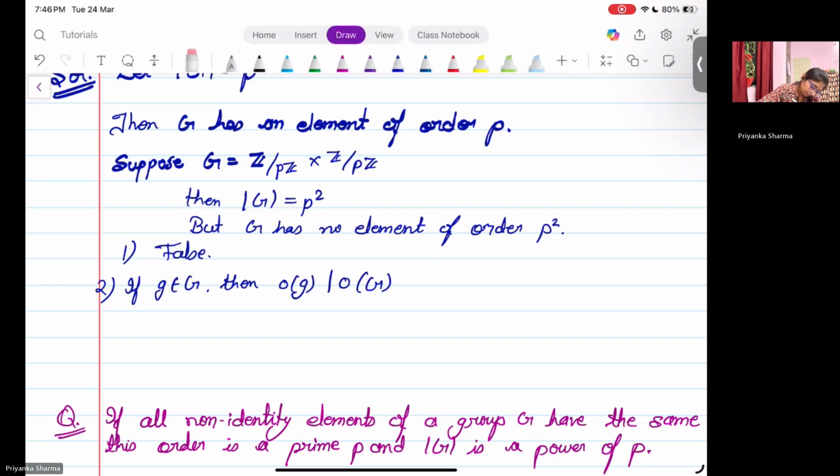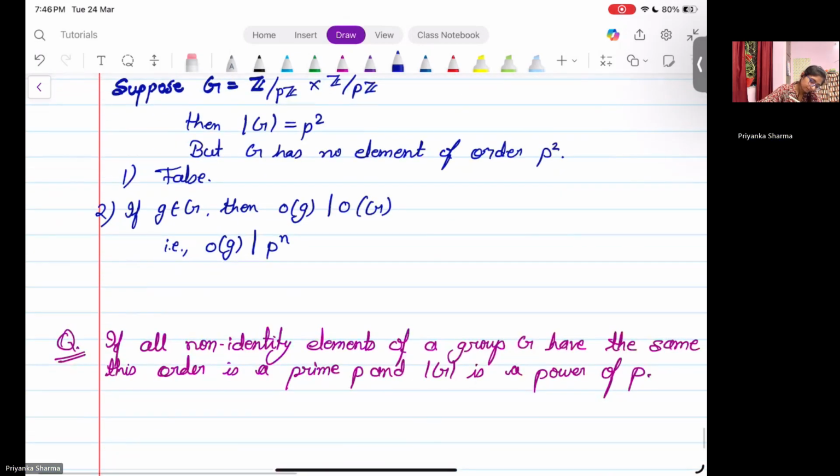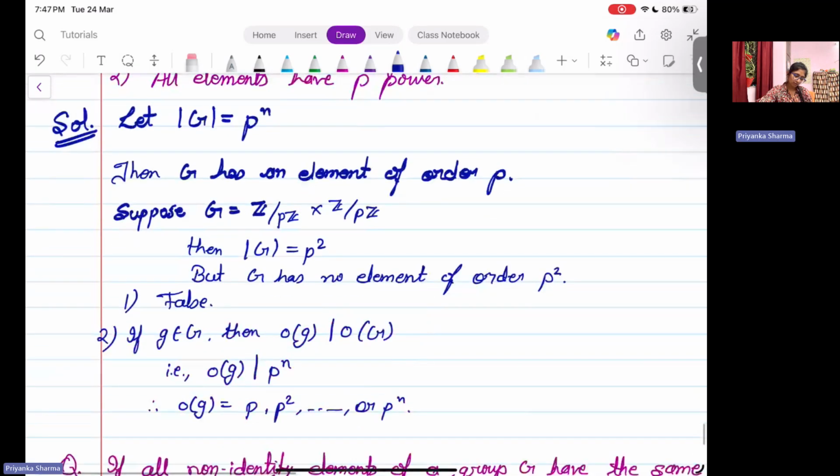That is, order of g divides P to the power N. Now P to the power N where P is a prime. So order of g can be either P or P square, or P to the power N. All are powers of P.